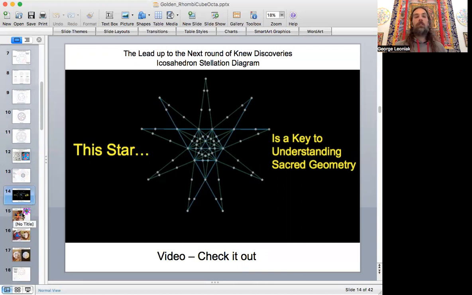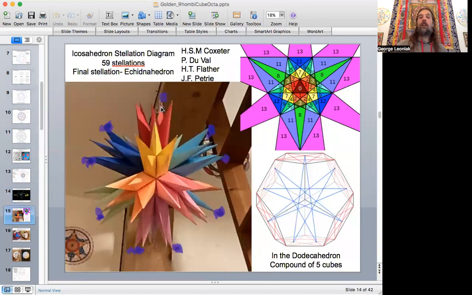And this was a discovery from Coxeter. I think it was back in the 30s, maybe. And this is 59 stellations, and this is the close-up of the diagram. And all these numbers are actually giving you like a cutting template to create some amazing forms. But this star, 1, 2, 3, 4, 5, 6, 7, 8, 9, those 9 points, remember, they're a flat plane.